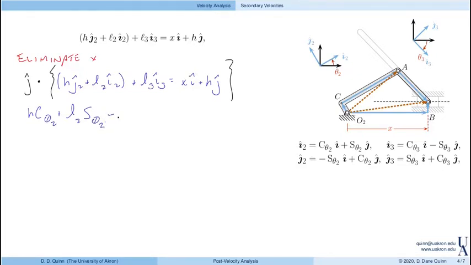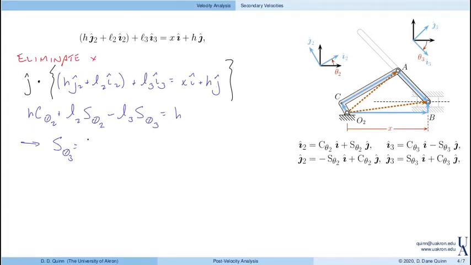Then we get minus L3 sine of theta 3 equals, well, I dot j is 0 and j dot j is 1, so this equals h. It's relatively straightforward to solve for theta 3.